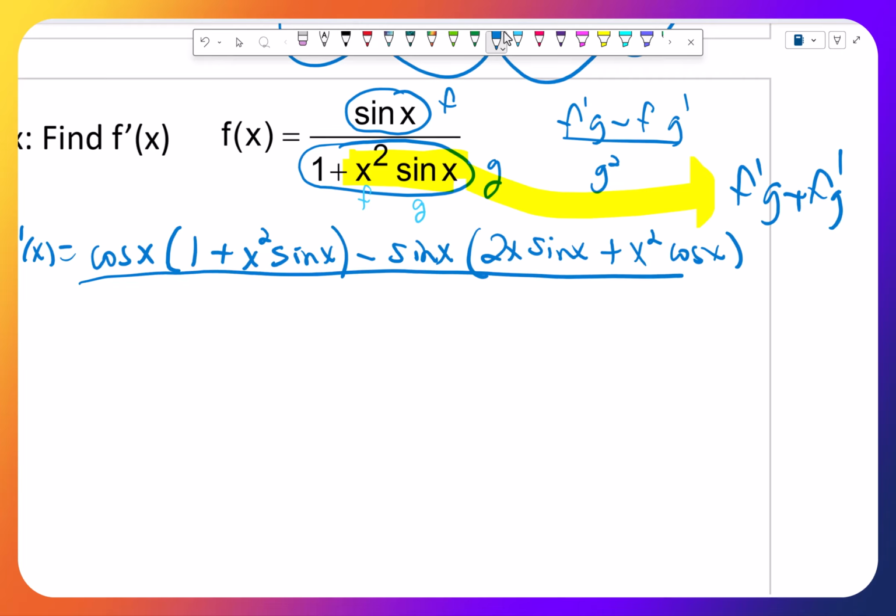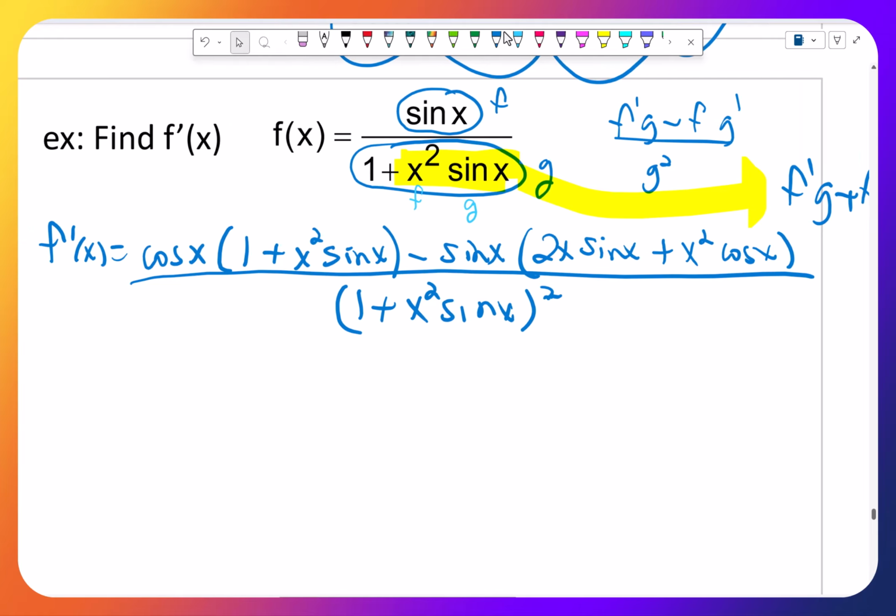All over 1 plus x squared sine x, squared. Let me just say you should rarely ever multiply that bottom one out. Just don't even bother with it. You might be able to take something out of it, but you really should not multiply it out. Okay, so let's see what we got going on.